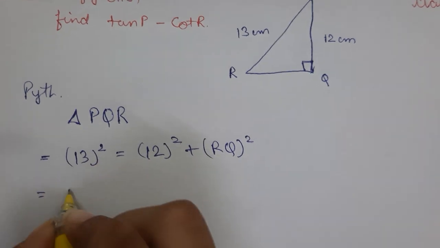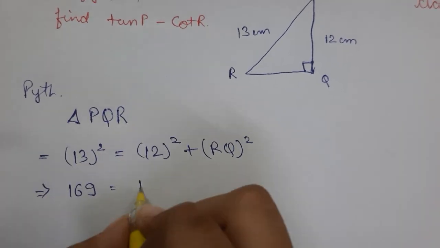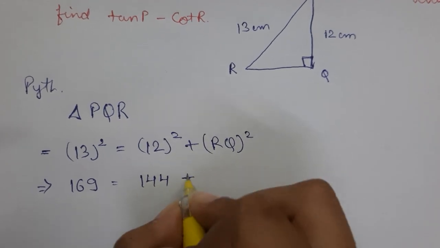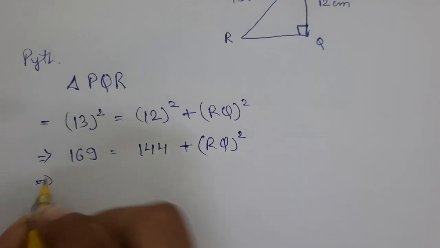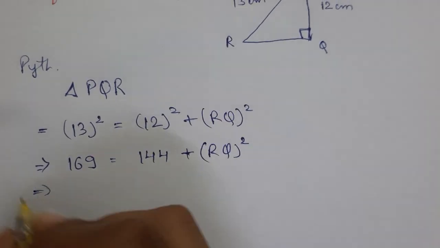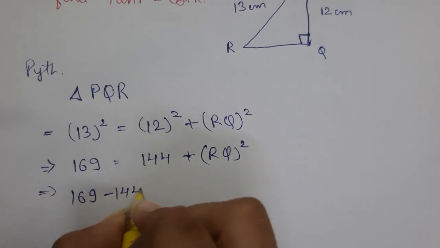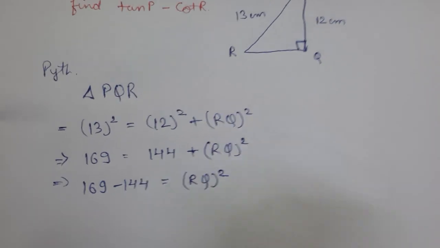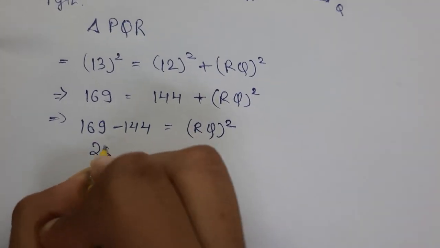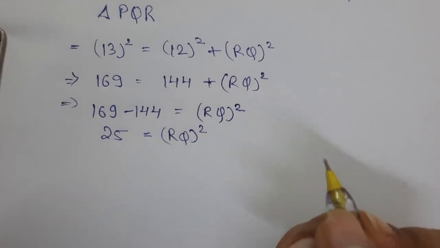The square of 13 is 169, the square of 12 is 144 plus RQ square. We'll shift 144 to the left hand side, and we get 25 when we subtract, which is equal to RQ whole square.